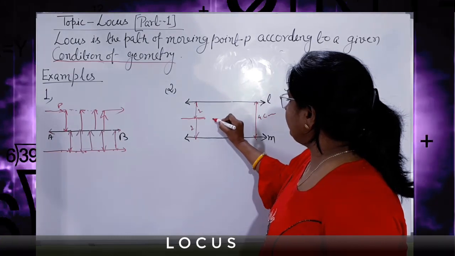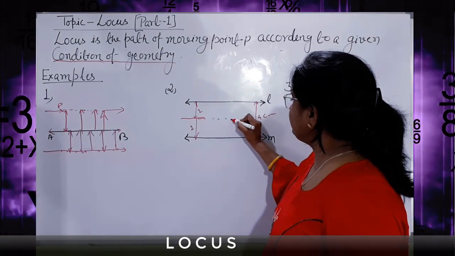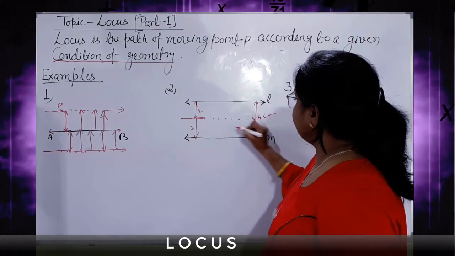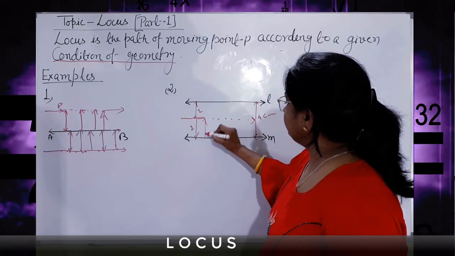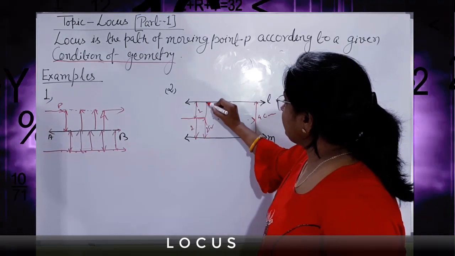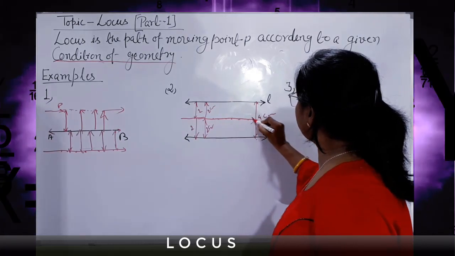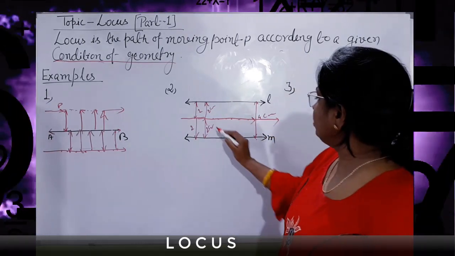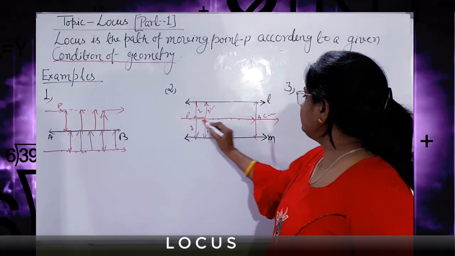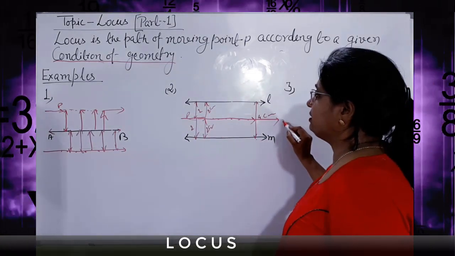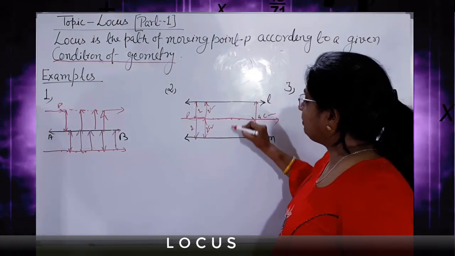Each and every point satisfies the condition of geometry. That means it is 2 cm up, also 2 cm. In this way, the locus of the point P moves like this, equidistant from the given lines.